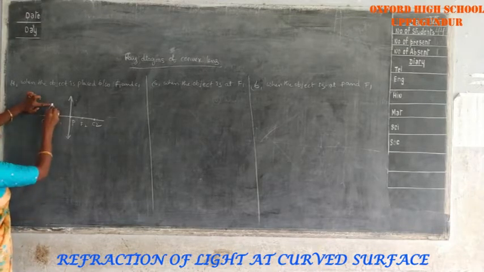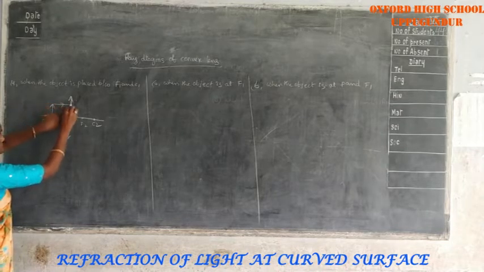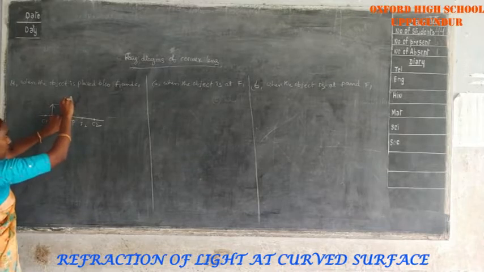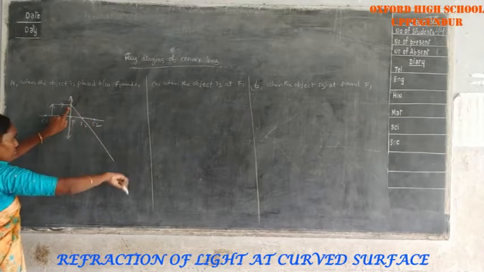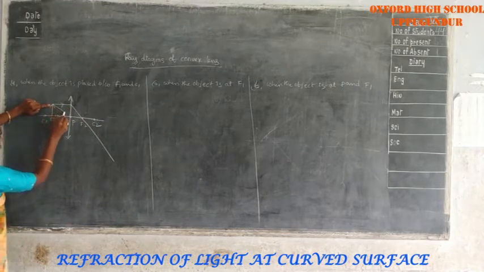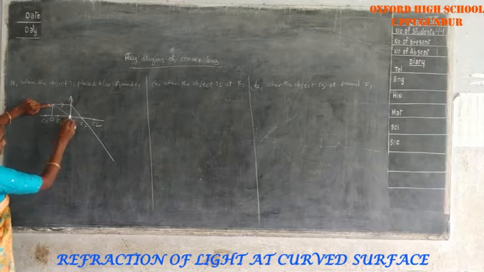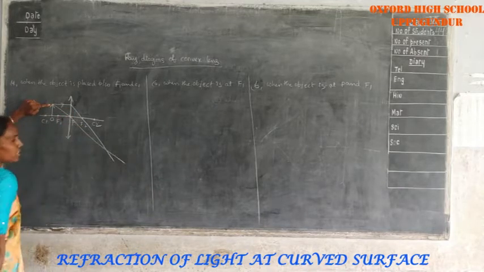The first light ray is coming from the top of the object. The refraction takes place at this point. After refraction, the refracted ray passes through the focus. The second light ray passes through the optic center, which means it does not deviate and goes straight.